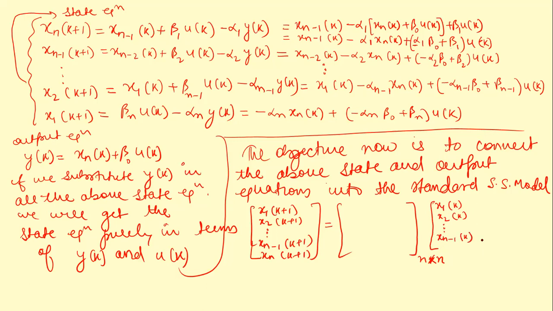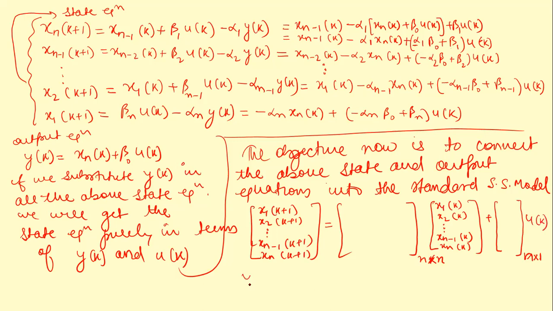All the states are there. Then we have G matrix, which is nothing but a column matrix, right? So it is n rows and one column, right? So then we have uk here.